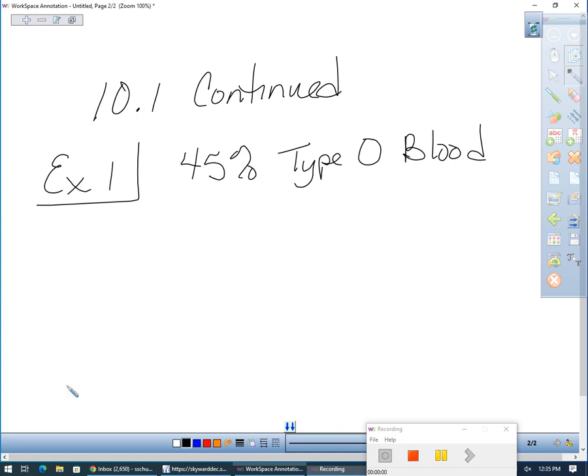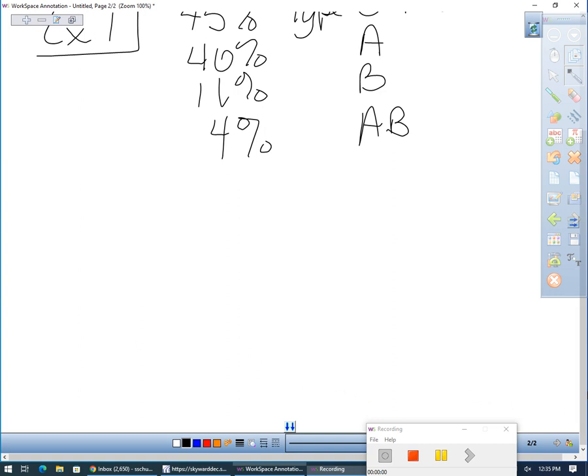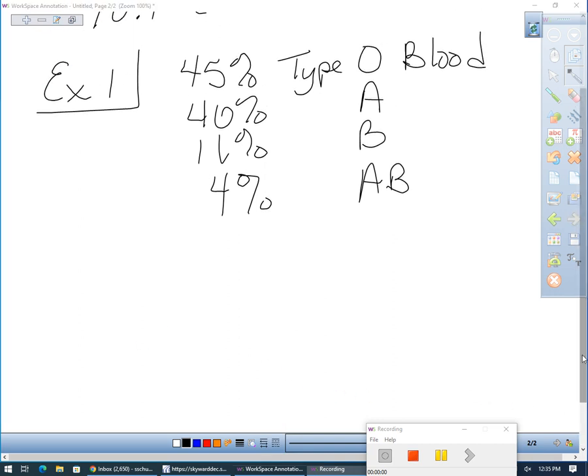They also say that 40% has type A, 11% has type B, and we're going to say 4%, make sure we get 100 there, is AB. Now we're not getting into whether it's positive or AB positive or anything like that. We're just talking about the type of blood. So using those percentages, we're going to answer a couple of probabilities.